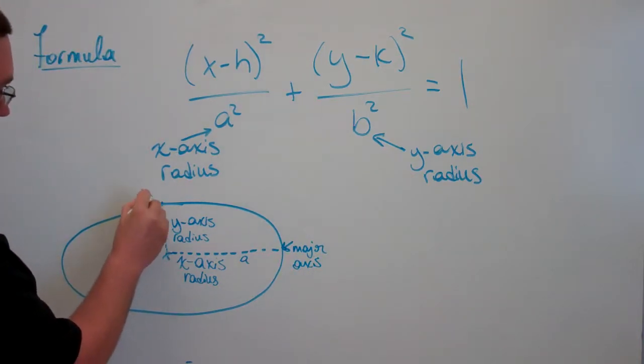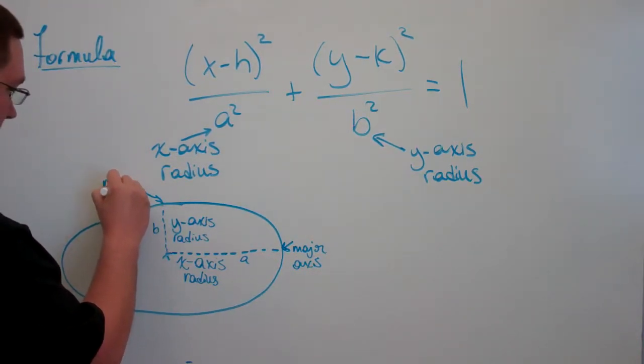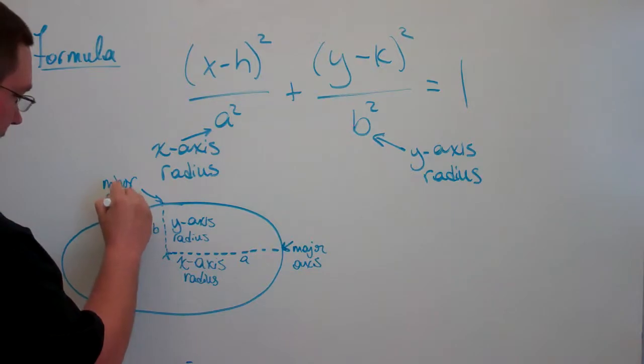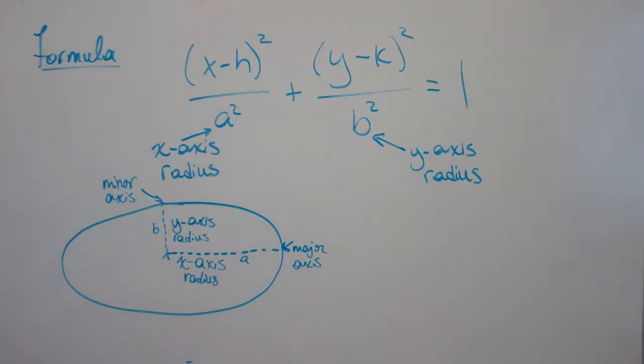And since y is shorter, that is our minor axis. So you have your major and your minor axis. Your major axis is just the longer of the two. That's all it is.